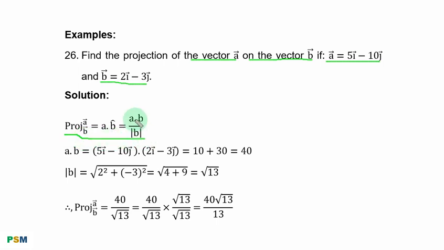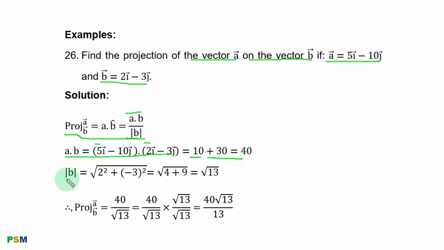So we need the dot product of the two vectors and the magnitude of the second vector. The dot product is equal to this. Remember, first component times first component, that is 5 times 2 equal to 10, plus minus 10 times minus 3, that is 30. When you add, you have 40.